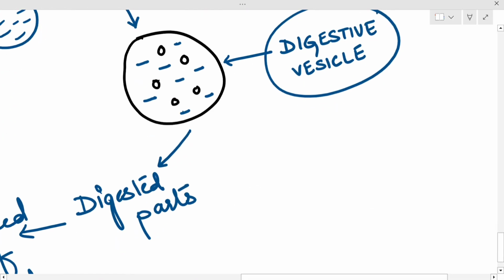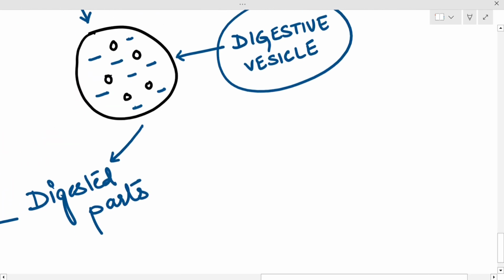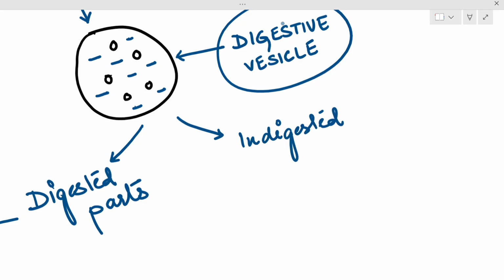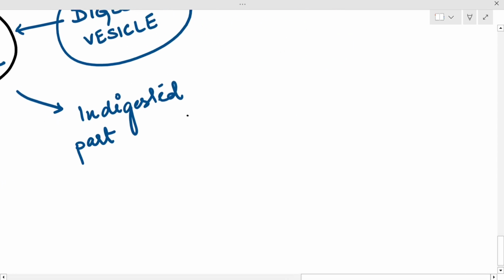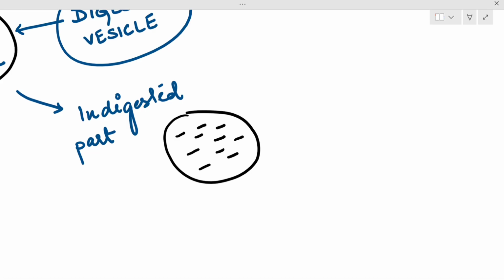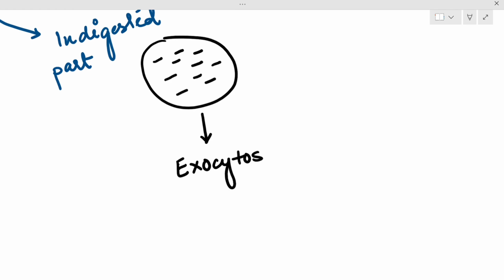Okay. And in these digestive vesicles, where digestion of these macromolecules takes place, the digested part gets diffused out of the cell. The undigested part that is present inside the cell will be removed via exocytosis.